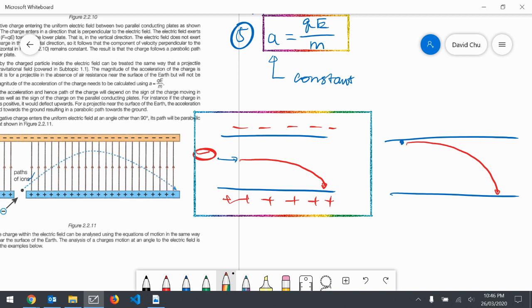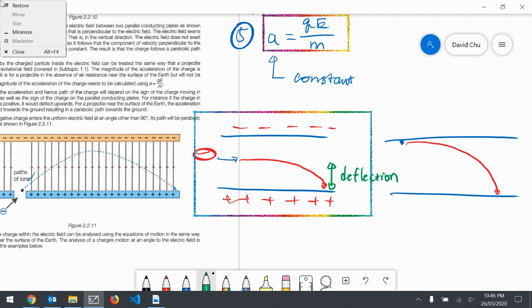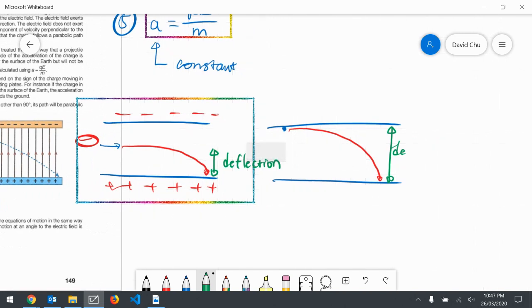We have a particular term for this: we call this deflection. So when a question asks you to find the deflection of an electron or alpha particle, you're looking at the change in vertical displacement. In this case here, that will be my deflection.